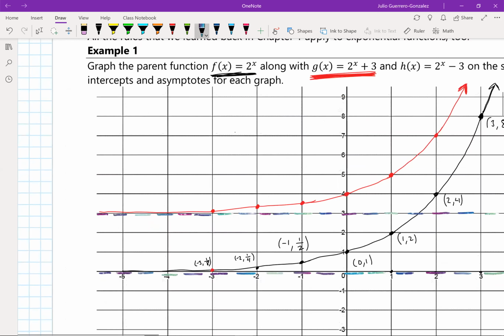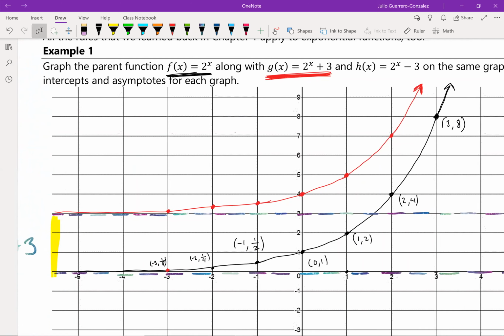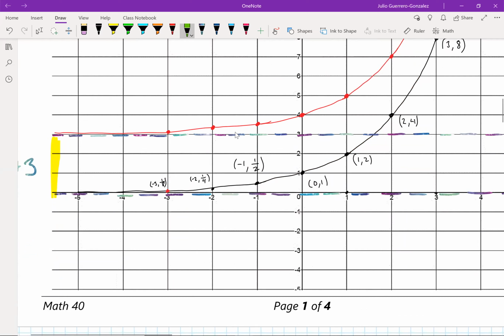So how big do you think this space is right here? Is it 3? It is exactly that amount of shift, which is why it's +3, because it's 3 in between those points. And it's the same thing for the -3, so you move down 3 instead of going up for that one. So then this one would move down 3. So we automatically don't even have to do very much.